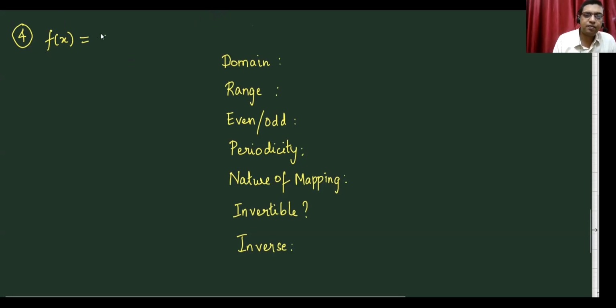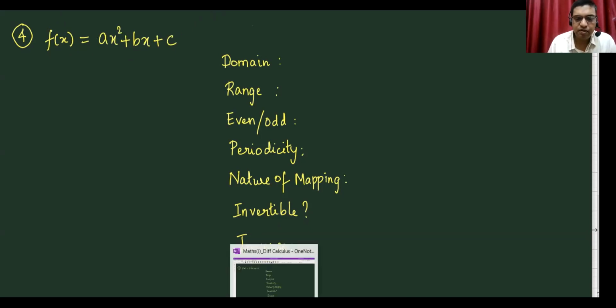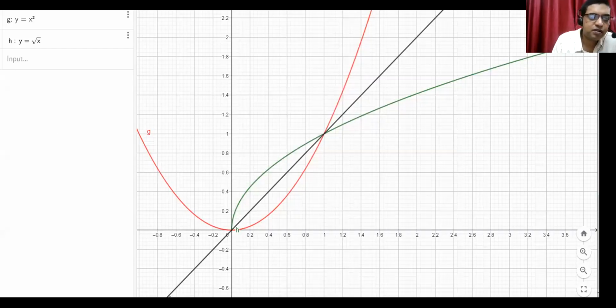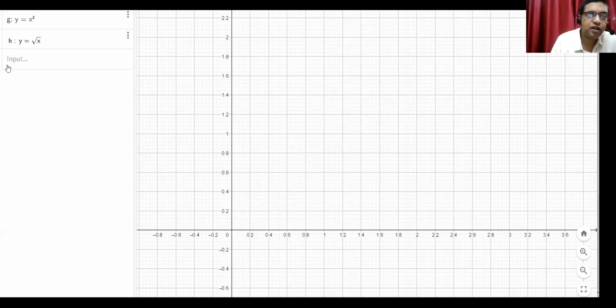This one, ax square plus bx plus c. In your schools, have quadratic equations been done? Quadratic equations. Yes, sir. Okay. So now you see this, ax square plus bx plus c.